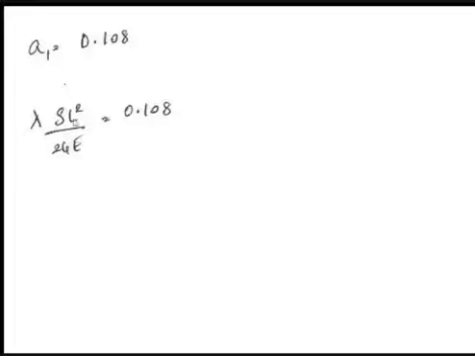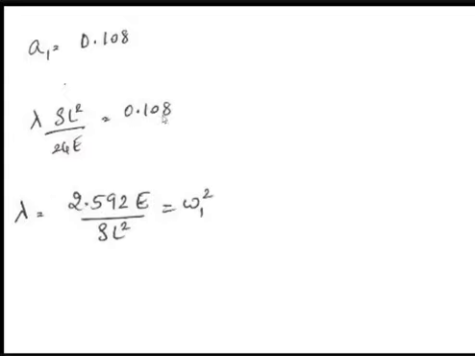Now I'm supposed to find out omega 1 and omega 2. So a1, I got 0.108. So what is a? a is equal to lambda rho L square divided by 24E, which is equal to 0.108. Lambda is equal to 2.592E, that is 24 into 0.108.